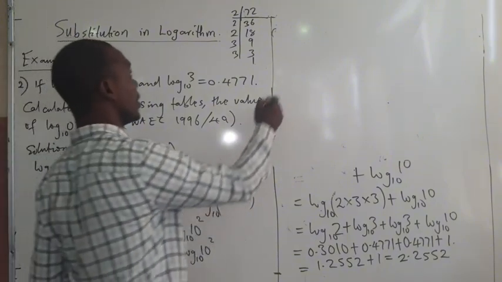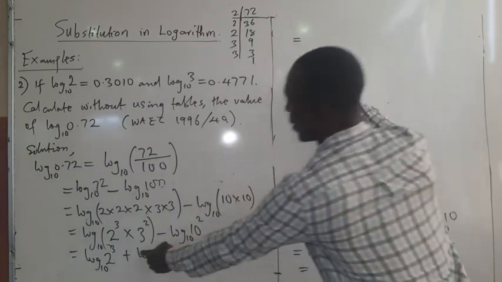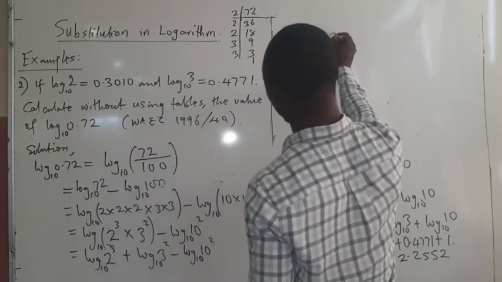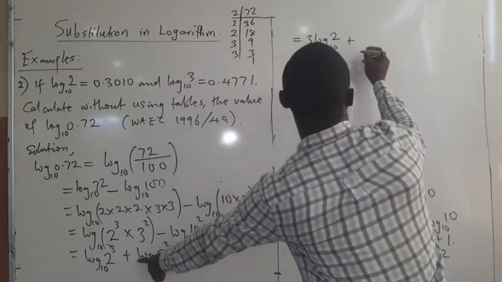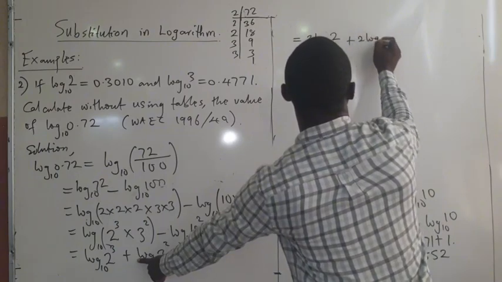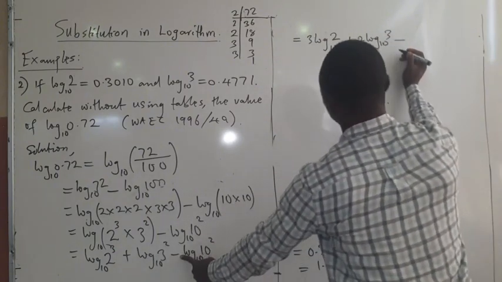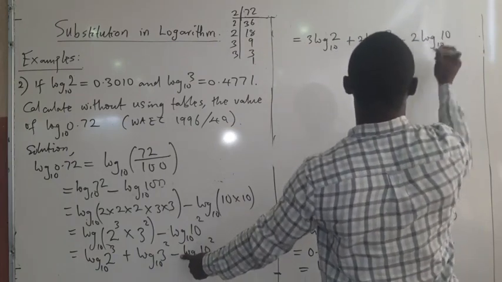So it's now going to be equal to 3 log 2 base 10, plus 2 log 3 base 10, minus 2 log 10 base 10.